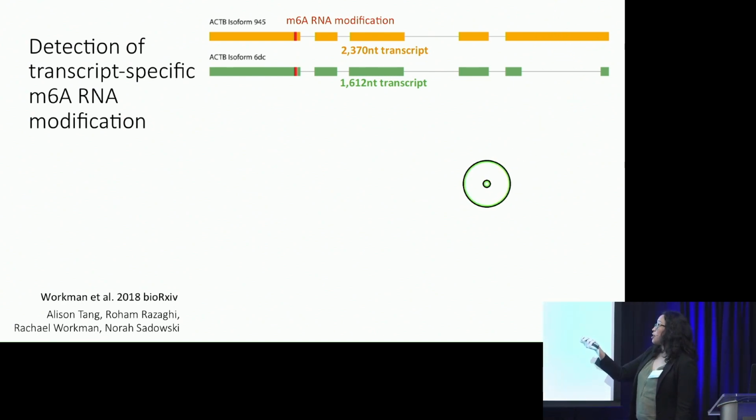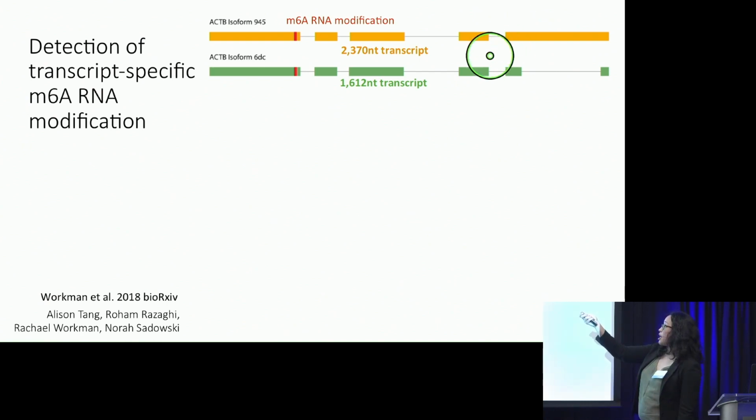So the modification exists about 1,000 nucleotides away from the part of the transcripts that distinguish between the two. And so if we were to use some sort of short read technology to detect any differences in modifications of these 2 transcripts, it would be really difficult because the thing that makes them different is on the totally other side of the molecule.